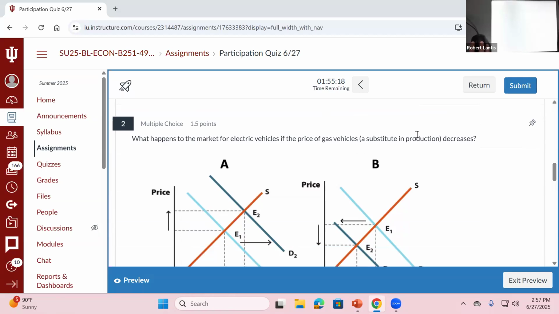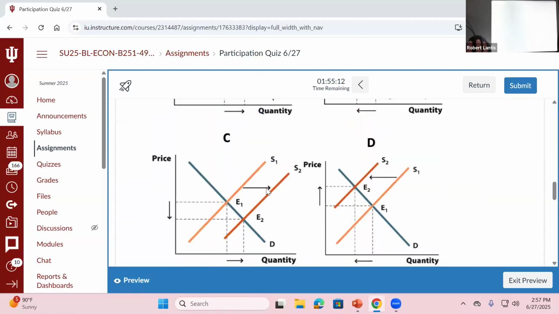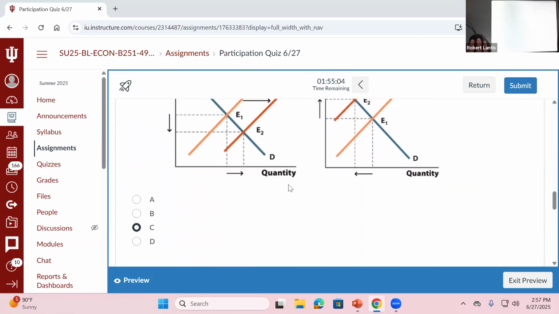Well, if I can't sell the gas-powered vehicles for as much, I might switch over to the production of electric vehicles, meaning that supply of electric vehicles is going to increase. Okay. Yep, exactly. So that's why C was depicting that.